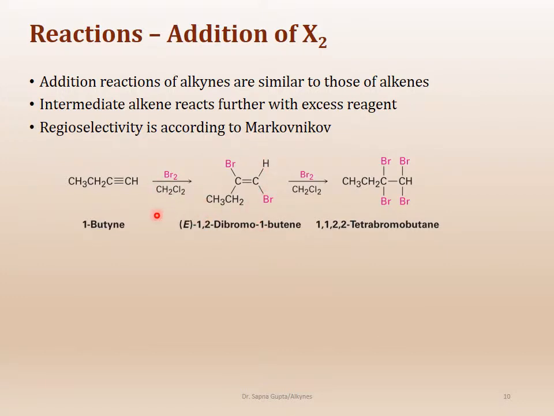If you want to do bromination of alkynes, you will go all the way through to give the tetrabromo product. You will generally not stop in the middle. If you have to stop in the middle, you really have to monitor the bromination very carefully. Otherwise just add excess of bromine or chlorine and you end up getting the tetrabromo product. Okay, complete addition, saturation of the alkyne.